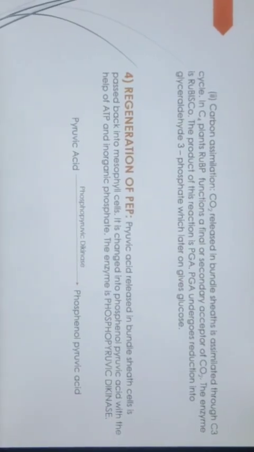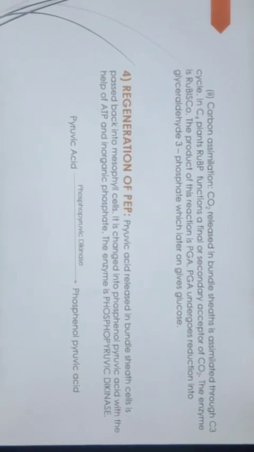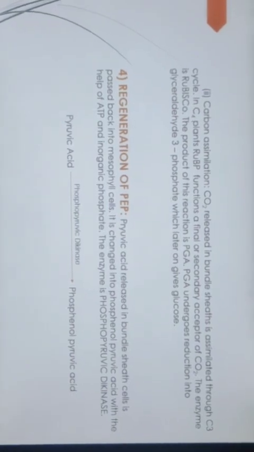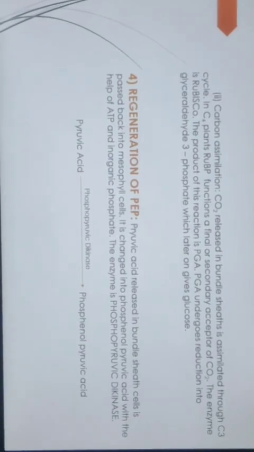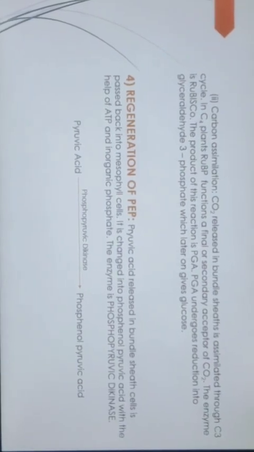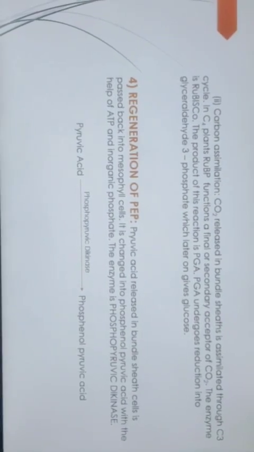Now the fourth step of the C4 pathway is the regeneration of PEP, that is phosphoenol pyruvic acid. The pyruvic acid, which is released in the bundle sheath cells, is passed back into the mesophyll cells. Now this is changed to phosphoenol pyruvic acid with the help of ATP and inorganic phosphate.